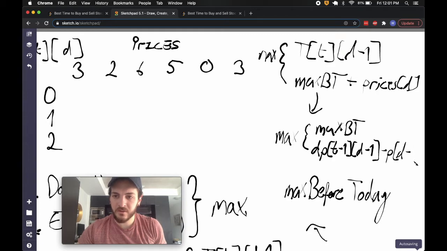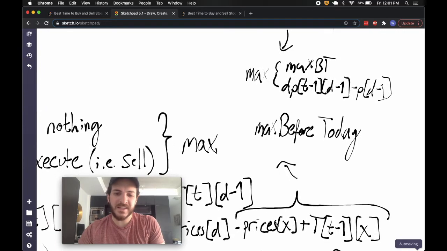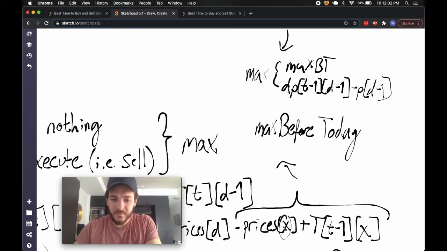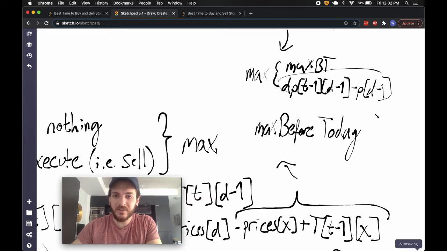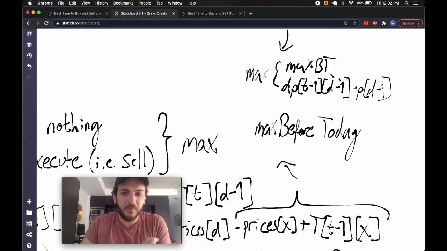The reason we're doing prices of d minus 1 is because think about d minus 1 as this price x, some day that happened in the past. This x right here is essentially this calculation. X here I'm going to represent as d minus 1, meaning that for every day I'm checking, I'm going to check what the previous day's price was and the best I could have done with one fewer transaction.